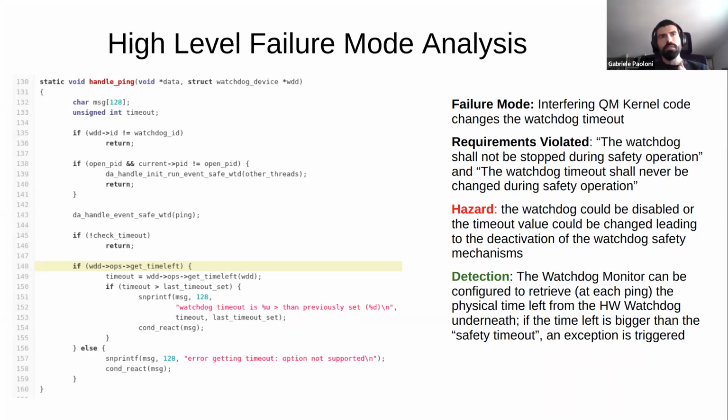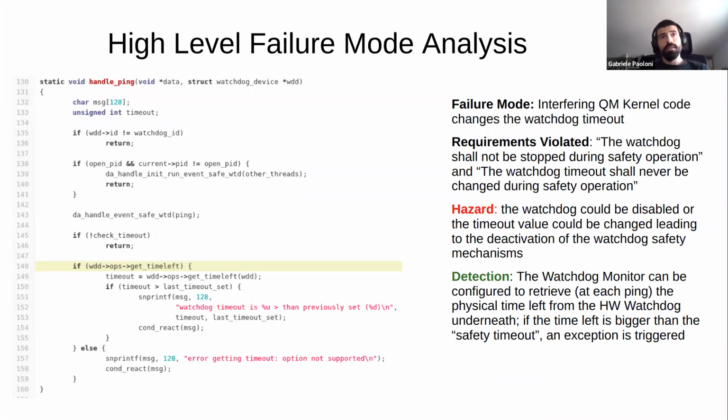And what is the requirement violated? The watchdog shall not be stopped during safety operation. The watchdog timeout shall never be changed during safety operation. The hazard is that the watchdog could be disabled, the timeout value could be changed, leading to the deactivation of the watchdog safety mechanism.